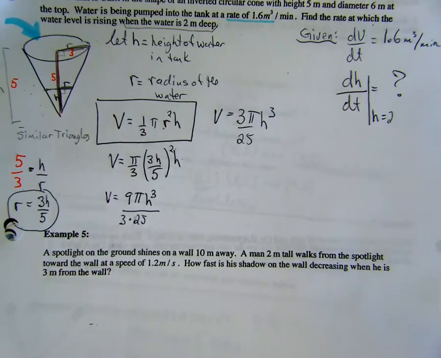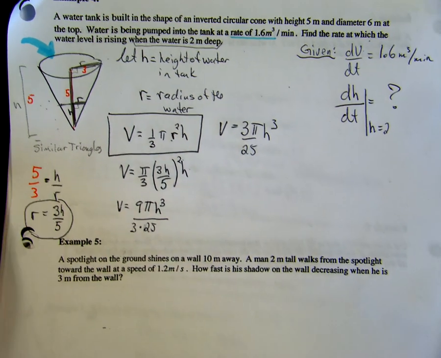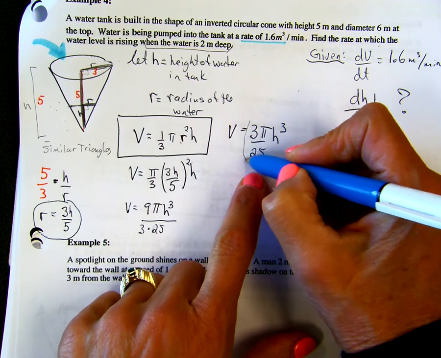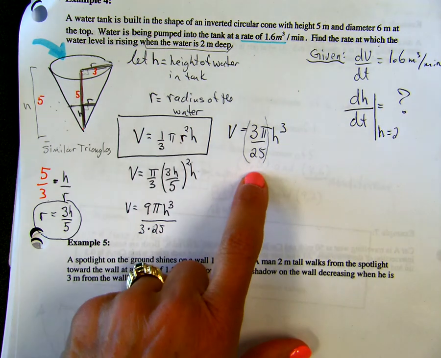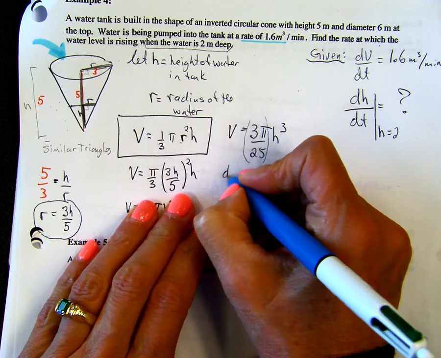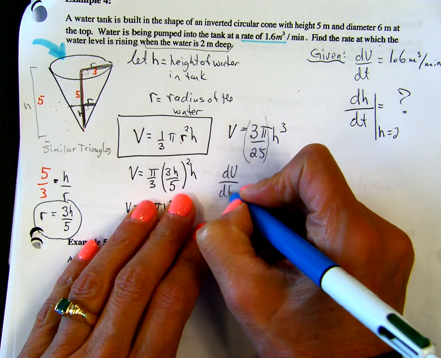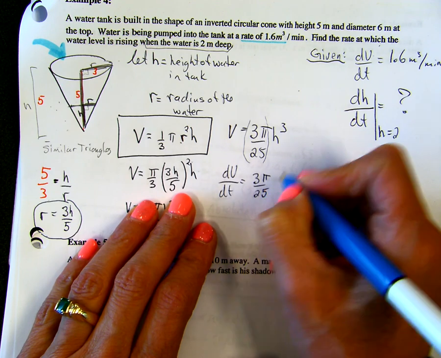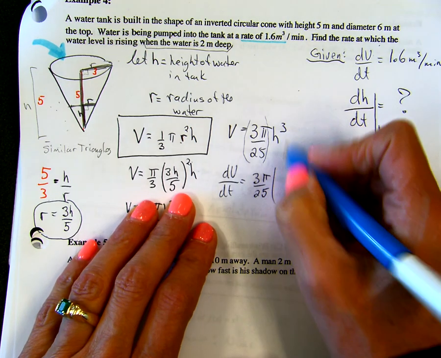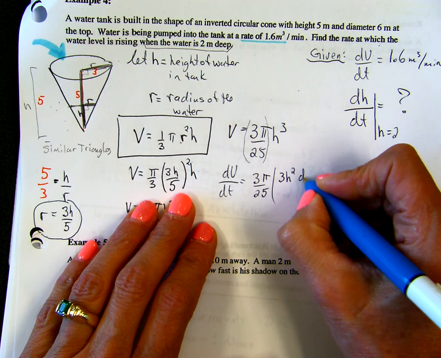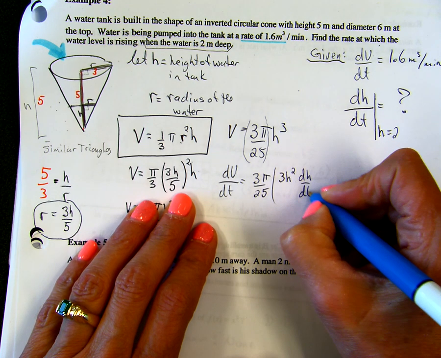Okay, from here, it's fairly simple to take a derivative with respect to time of both sides of our equation. Just remember that this is a giant constant, and you don't need to worry about it. Just leave the constant out in front. Derivative with respect to time, 3 pi over 25. The derivative with respect to time for h cubed, 3h squared, dh by dt.